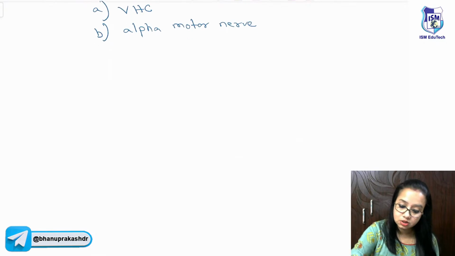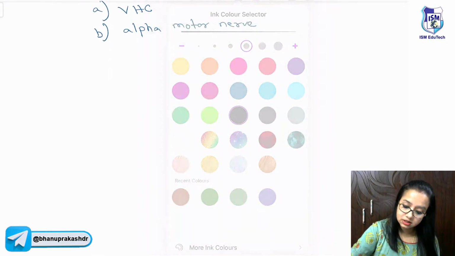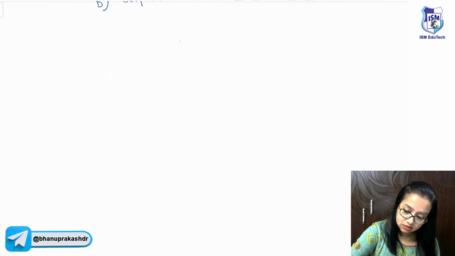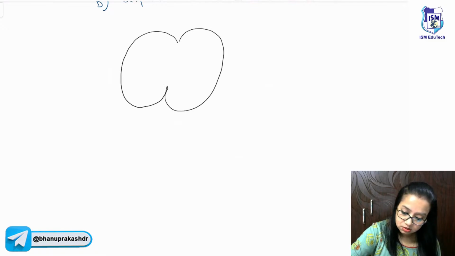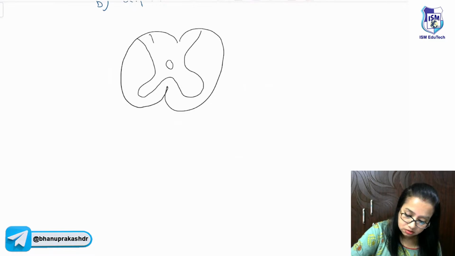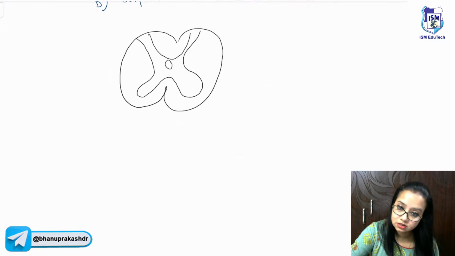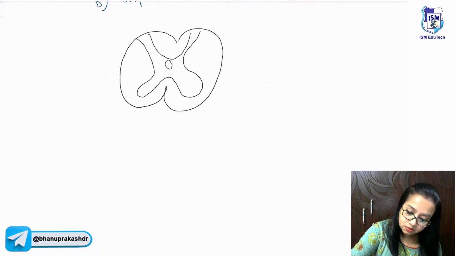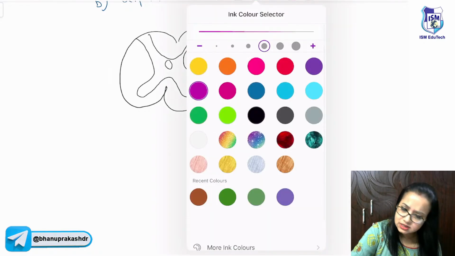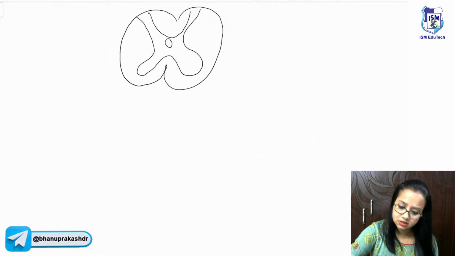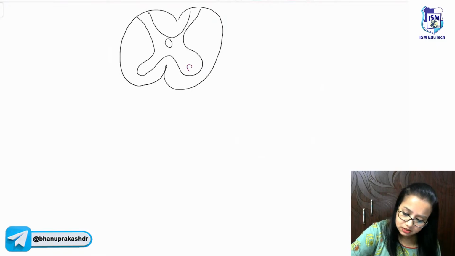So if we are to draw a motor unit, it will be like this. Now this is a ventral horn cell, that is the dorsal, this is the ventral. Very simply, just for our understanding, a simple diagram.